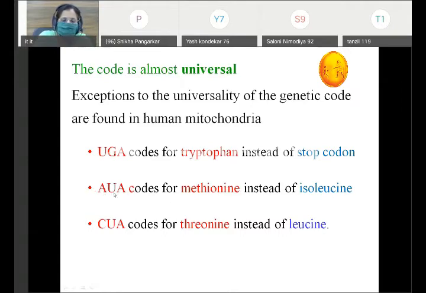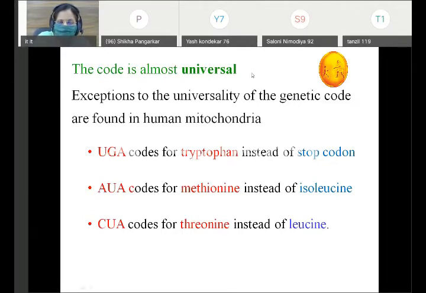Then AUA is a codon for isoleucine, but it codes for methionine in human mitochondrial DNA. And CUA codes for threonine instead of leucine. These exceptions can be asked to you as MCQs, so you need to remember this.